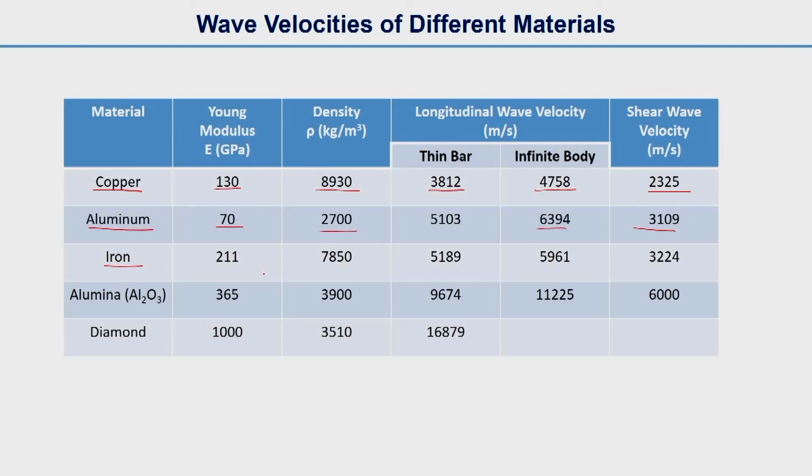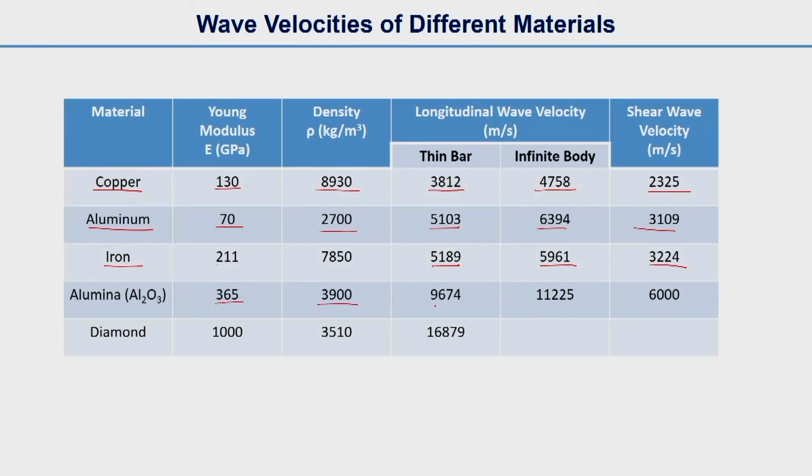For iron, it has a higher Young's modulus and higher density. However, those longitudinal wave velocities are very much similar to aluminum. Now come to the ceramic, which has quite high strength and low density.